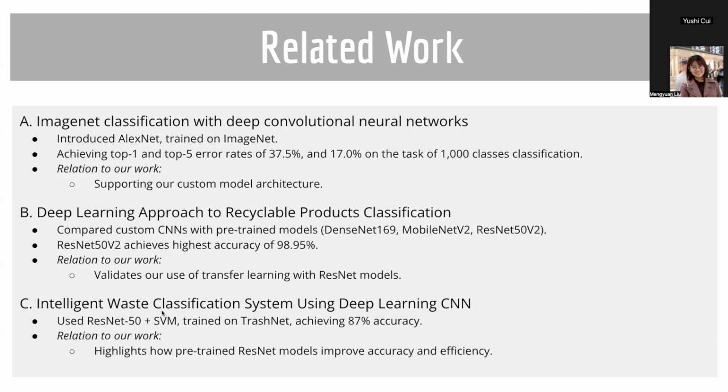And the third paper combined ResNet 50 with an SVM classifier and demonstrated the effectiveness of using deep learning for waste classification. So both studies support our use of transfer learning with pre-trained ResNet models.